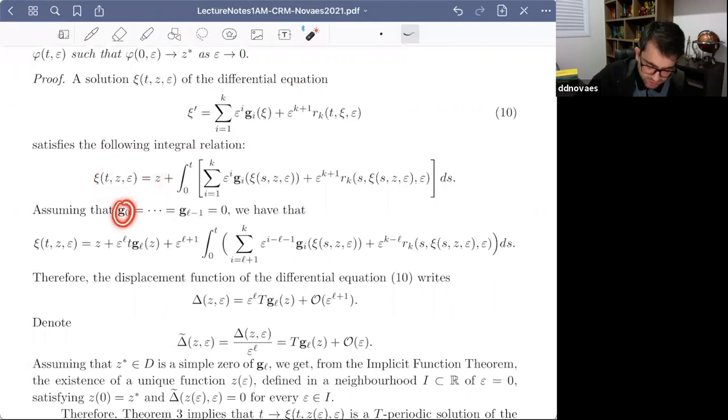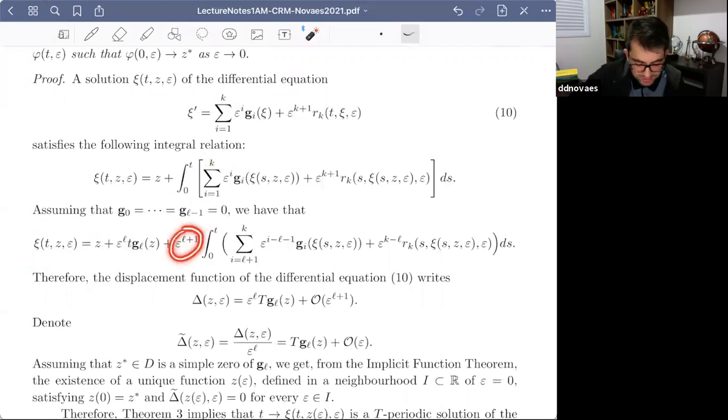Assuming that G0 up to GL minus 1 are all equal 0, this relationship reduces to this other one. So here I have the sum of the averaged functions computed in the solution. If up to L minus 1 it's identically 0, then it goes away, it vanishes. So xi(T, z, epsilon) is equal to z plus epsilon^L T GL(z) plus higher order terms in epsilon.